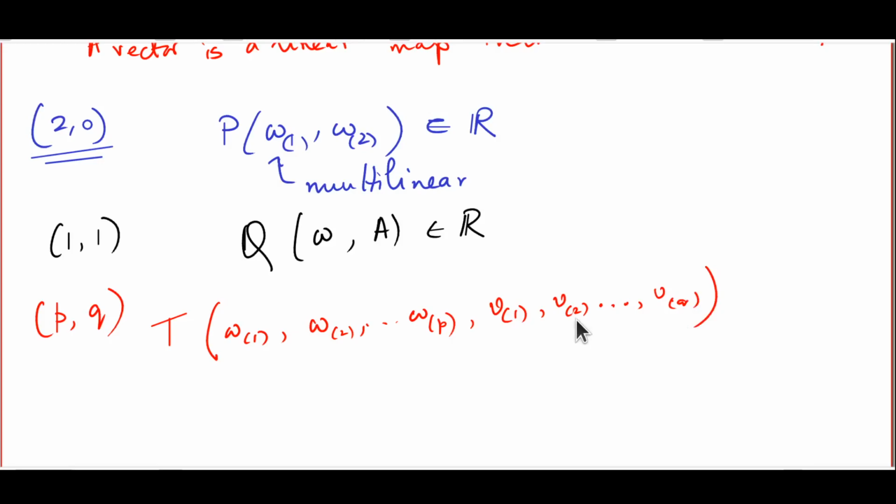So this is just what a tensor is. It's a multilinear map which maps covectors and vectors onto a number. So you can think of a tensor really like a machine which eats up covectors and vectors and turns out numbers. The only real restriction here is that it does so in a multilinear fashion.